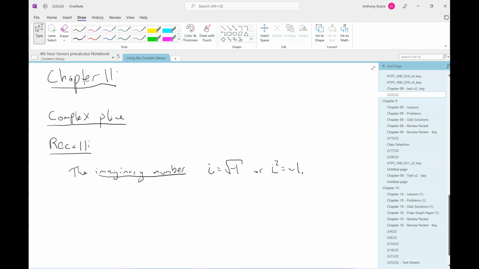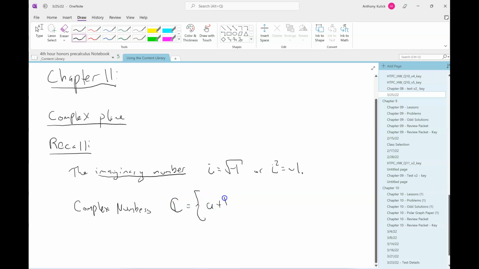So once we've defined this imaginary number I, we can form the set of complex numbers, which are the things of the form a plus bi, where a and b are real numbers, and I is this imaginary number.